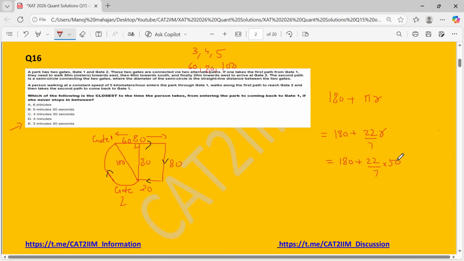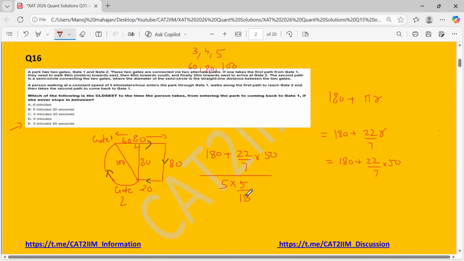Once we get this distance, you have to divide by the speed. 5 is the speed, my lucky number, 5 kilometer per hour. So to convert 5 into meter per second, I have to multiply by 5 by 18.